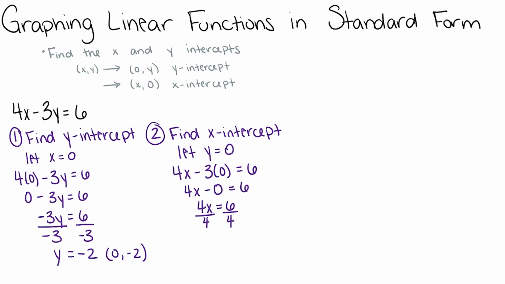When we divide 6 by 4, this does not divide evenly, so we need to simplify this fraction. 2 goes into both 6 and 4, so we can divide both of these terms by 2. 6 divided by 2 is 3, and 4 divided by 2 is 2. So our x is equal to 3/2, and our x-intercept is at (3/2, 0).